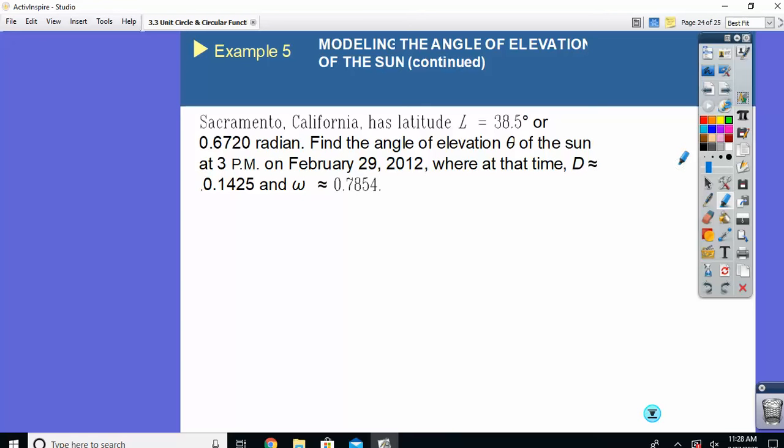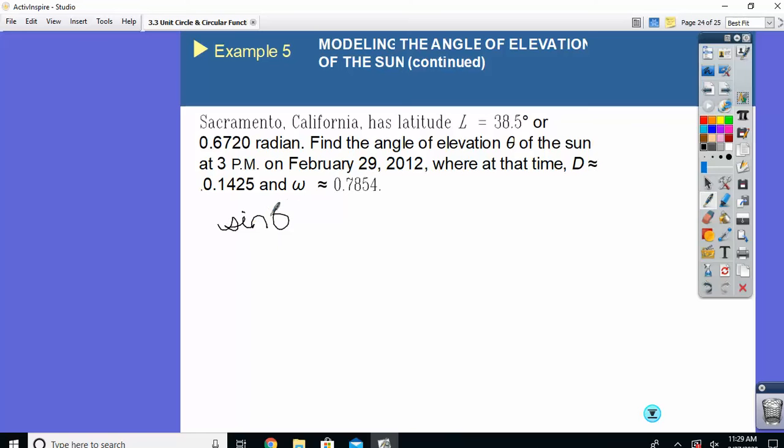So Sacramento, California has a latitude L of 38.5 degrees, or 0.6720 radians. Find the angle of elevation theta of the sun at 3 p.m. on February 29, 2012, where at that time the D was approximately 0.1425 and omega was 0.7854.